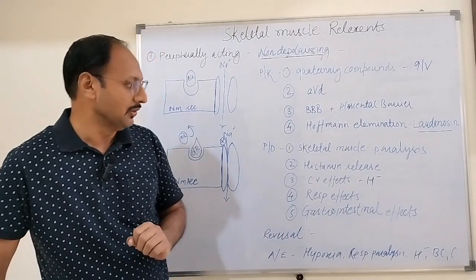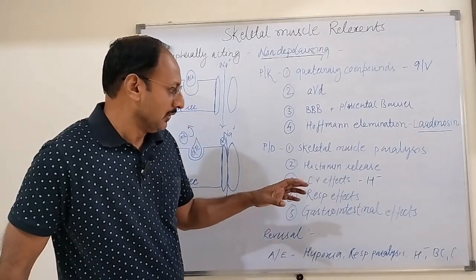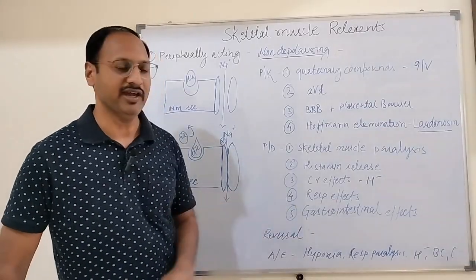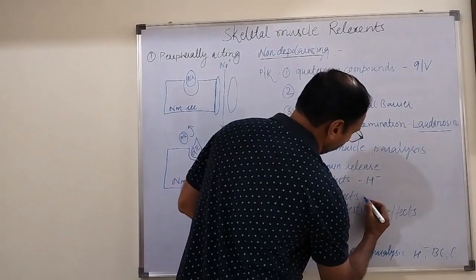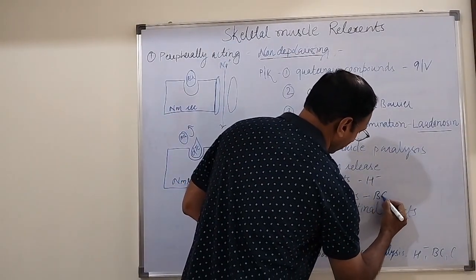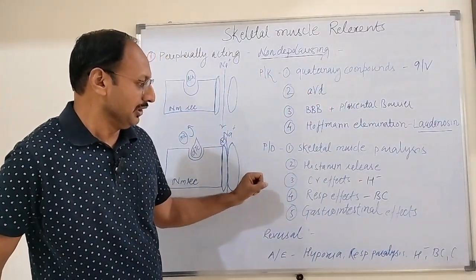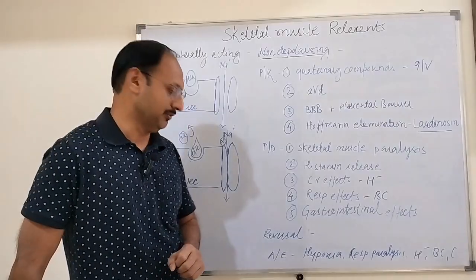Number four, these drugs produce some respiratory effect, like bronchoconstriction due to release of histamine from mast cells.